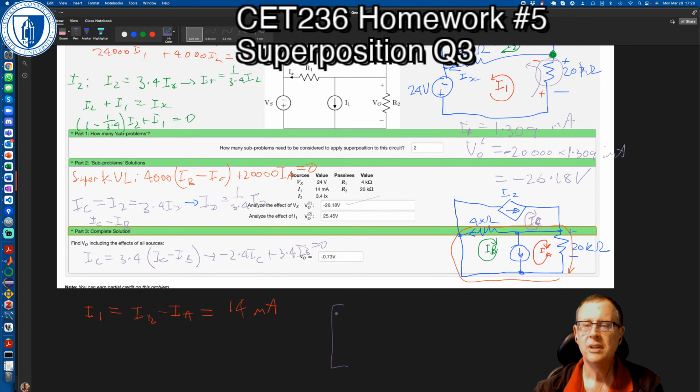So that super KVL is 20,000 IA and then 4,000 for IB and minus 4,000 for IC.